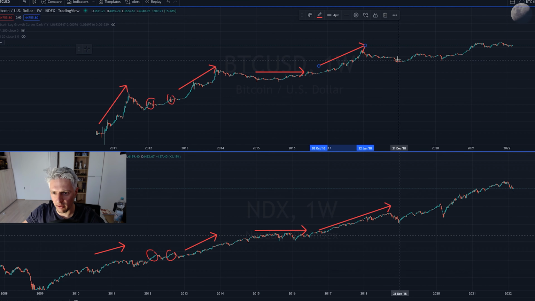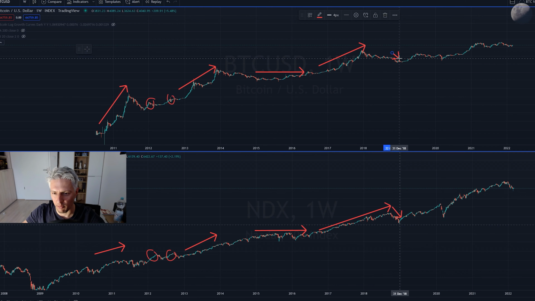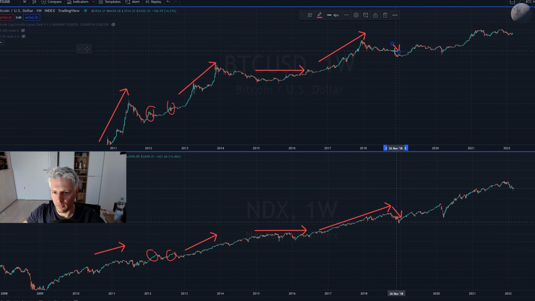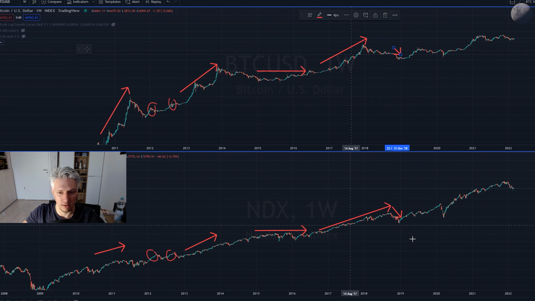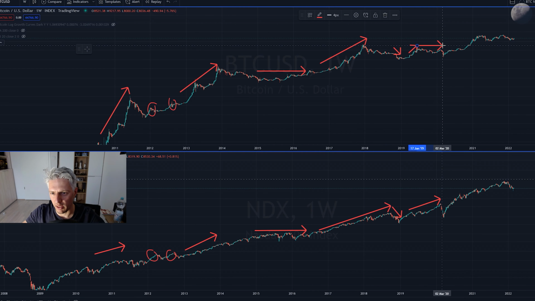And then we had this fascinating down move here in the Nasdaq. And this is also the time when we had this drop in Bitcoin from 6,000 to the low of 3,000. And then the Nasdaq resumed its impressive bull run. And Bitcoin was pumping at first, but then it went sideways.